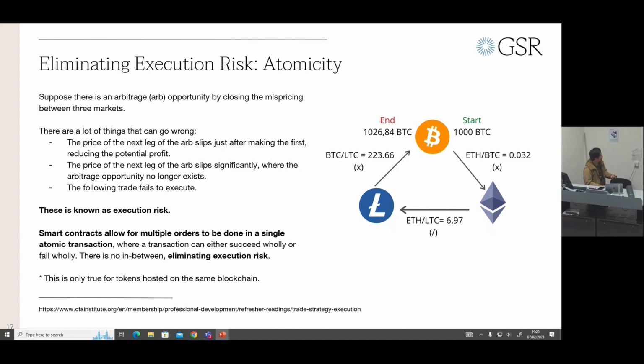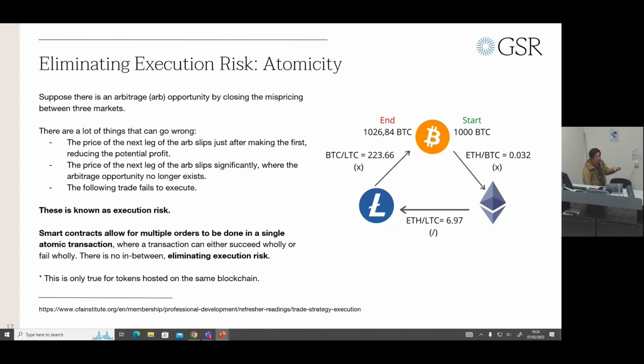That's a really cool thing that comes from working with smart contracts: you're able to bundle multiple orders together in one single transaction, and afterwards let it fail or let it succeed. In that case, you either make no money or you make a fuck ton of money.